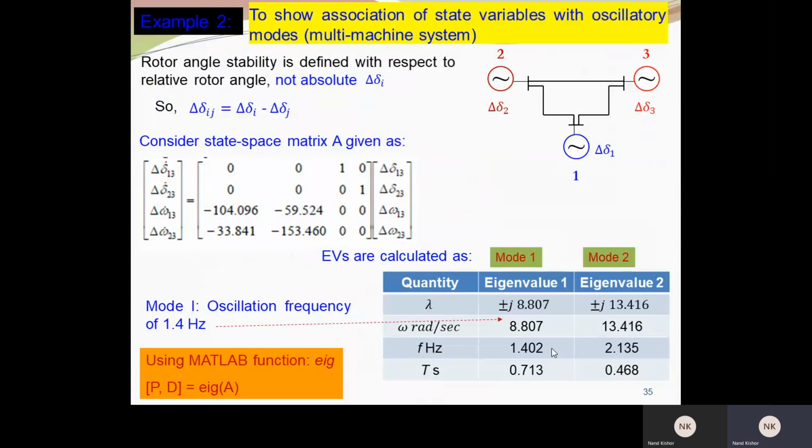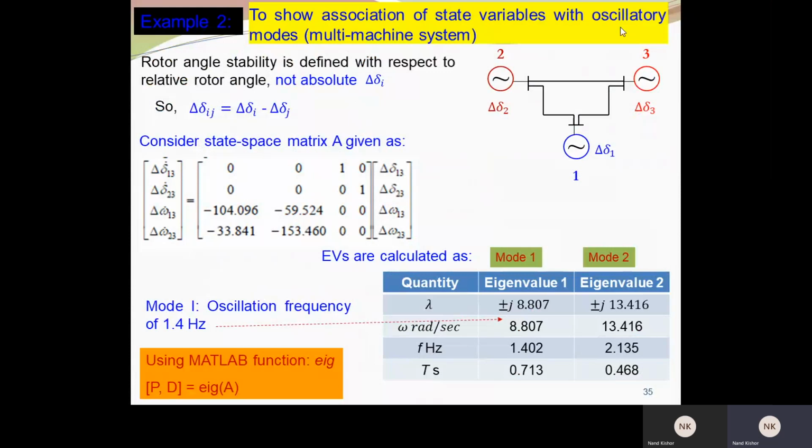Now we take another example, to show how the state variables are associated with a particular oscillatory mode. In the previous example, we had just talked about the state variable of a component associated with the mode.